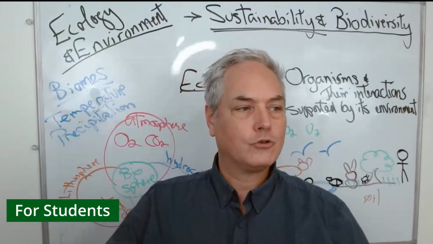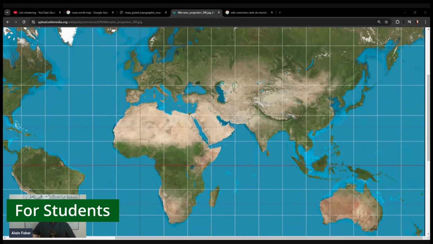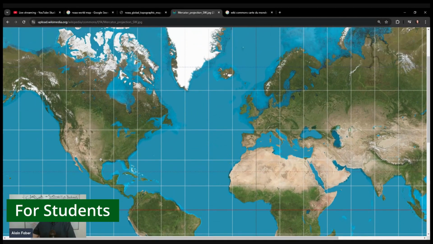So that means that if you go to the map that I have right here, and you look in Canada, for example, the resources that we have, the water that we have, is different than what we have in the southern part here.